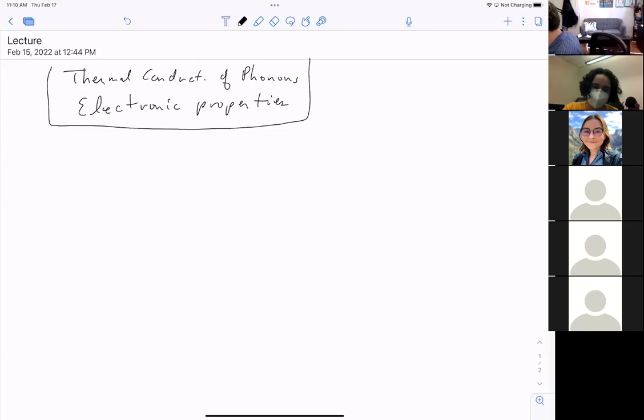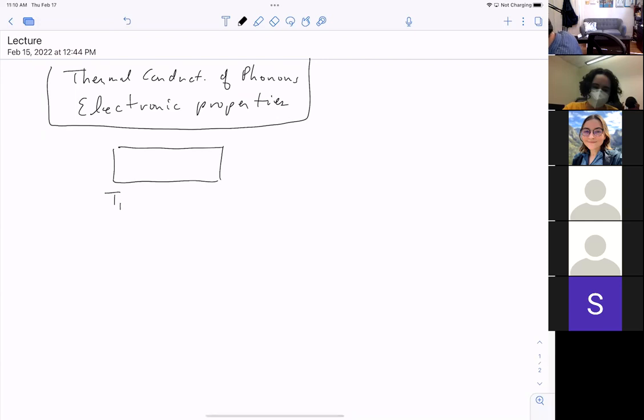Okay, and so let's revisit what we were talking about last time. Last time we were talking about thermal conductivity, and we talked about having a crystal. So we have some crystal where the left side is at some temperature and the right side is at another temperature. Then we know that there's heat flux passing through that crystal, and that heat flux is going to be proportional to the temperature gradient.